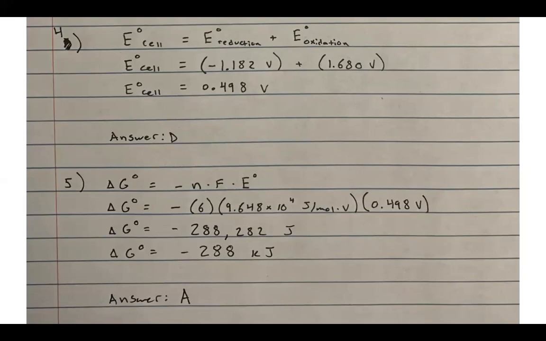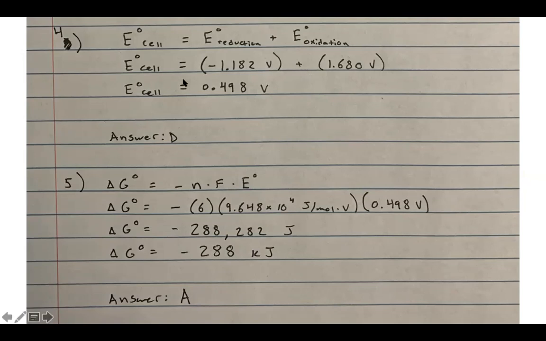Now before moving on to question 5, I just want to show you something about our answer choices. In part 4, we can see that the cell potential for the cell is a positive number, meaning this is a spontaneous, galvanic cell.